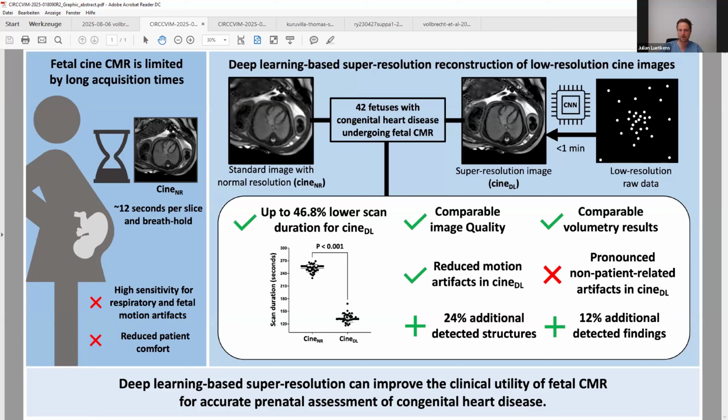There are also some downsides of these deep learning reconstruction techniques because they tend to pronounce artifacts, which we also observed in our cohort. And the conclusion was that deep learning based super resolution can improve the clinical utility of fetal CMR for an accurate prenatal assessment of congenital heart disease.